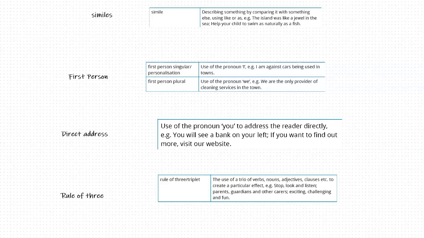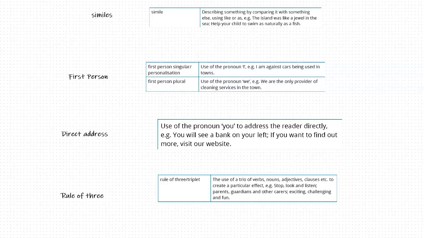So a simile describes something by comparing it with something else, usually using the word like or as. For example, the island was like a jewel in the sea. Help your children to swim as naturally as a fish.